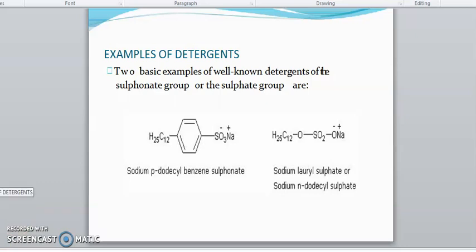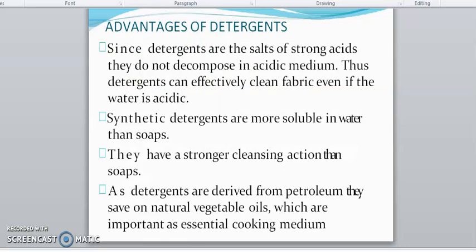Now remember, the cleansing action of the detergent is the same as that of the soap. Now we'll discuss the advantages of detergents. Since detergents are the salts of strong acids, they do not decompose in acidic media, whereas soaps will decompose in acidic media. Thus, detergents can effectively clean fabric even if the water is acidic.